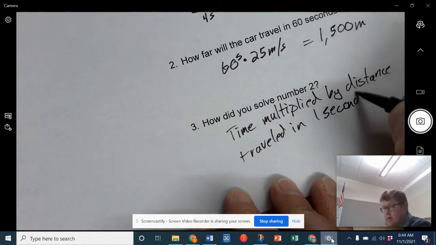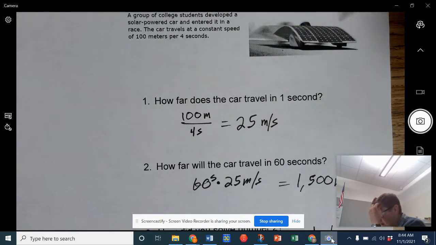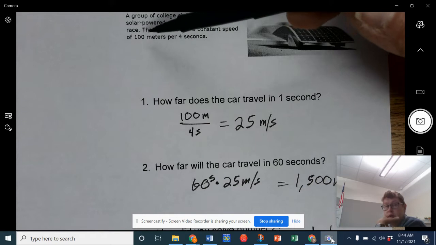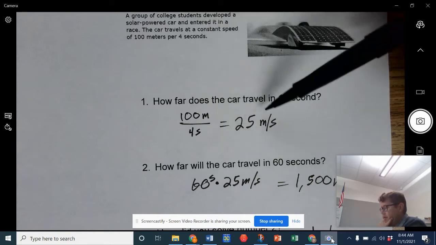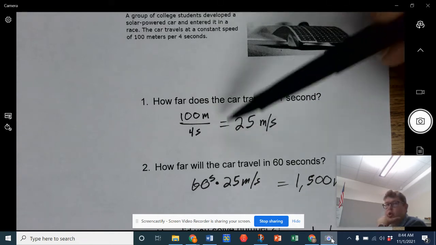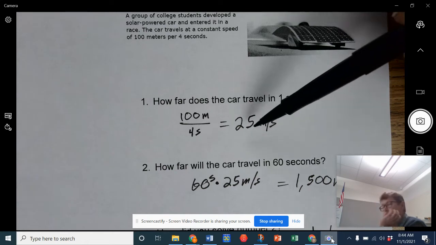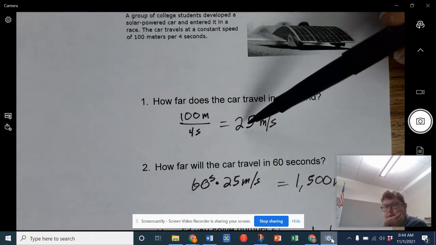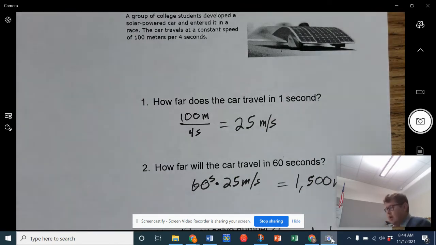We've done a fair number of problems like this, where you have the total amount, you divide by how many seconds it has, right? We've done a lot of price problems. And so that gets you down to your unit rate, which is basically 1 unit. So in 1 second, you go 25 meters, and then you just figure out the 60 seconds and multiply them together, and you're good to go.